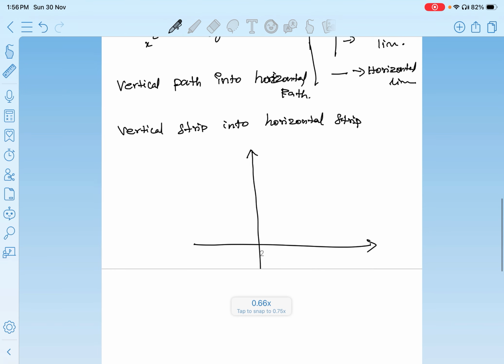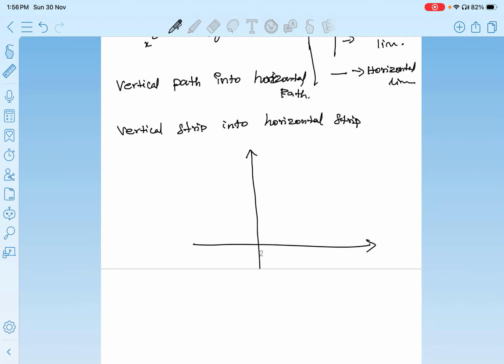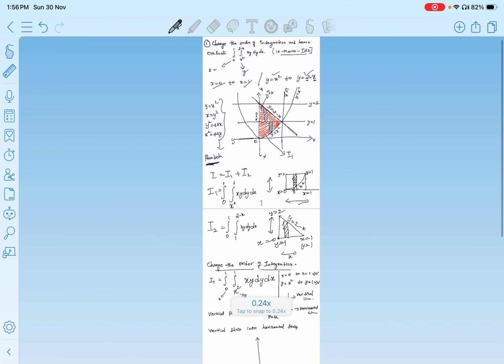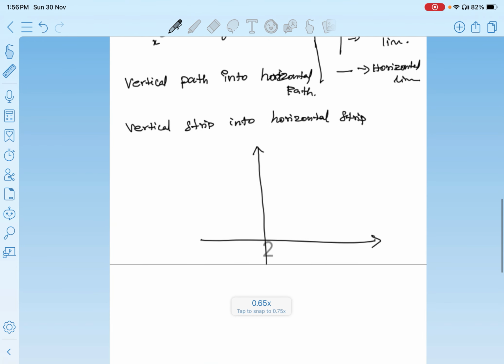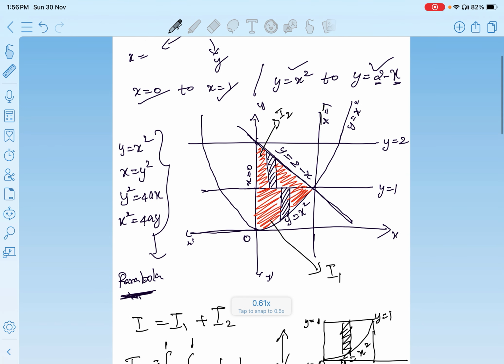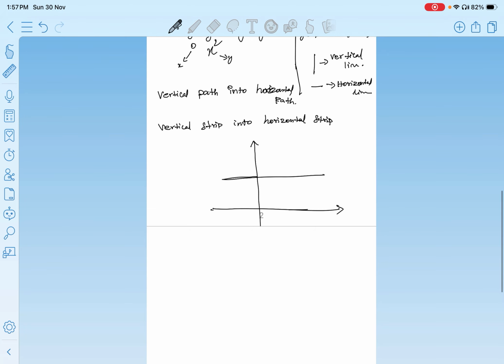But this x equal to 1 line is going to fall on this side, and this vertical x equal to 0 line is going to fall here. So this is your x equal to 1 as well as your y equal to 1.